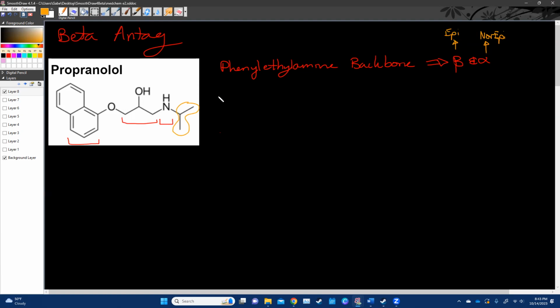So the fact that we have this isopropyl group is what's going to enable beta selectivity. So the phenylethylamine backbone gets us to adrenergic. Isopropyl, the fact that it's there, the fact that there's something here gets us to beta.